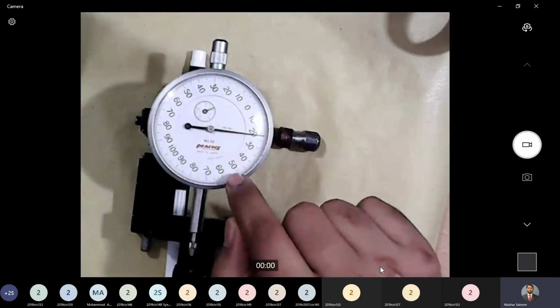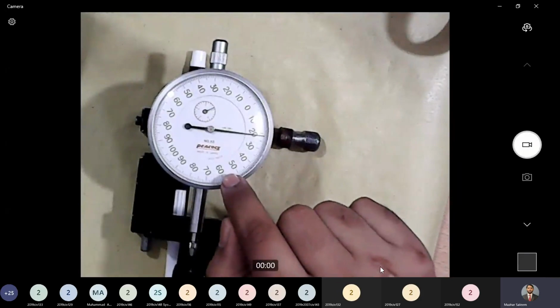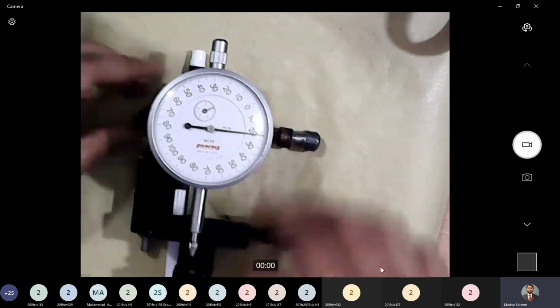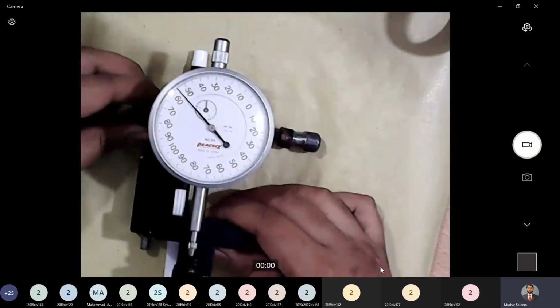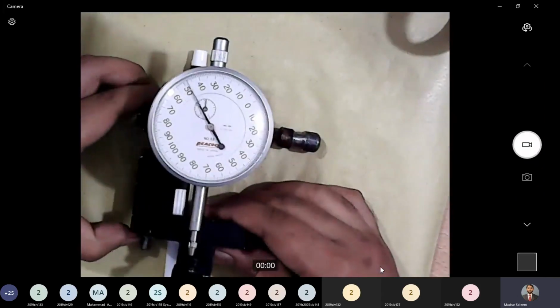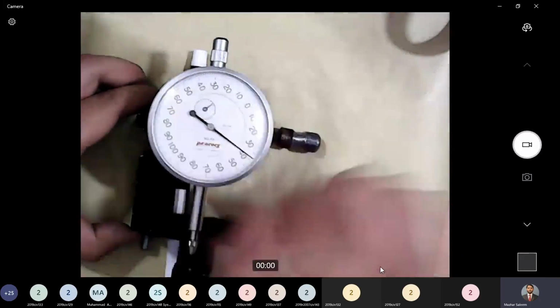And reading of this instrument is a bit tricky because as it can measure both the phenomena, elongation as well as shortening, when it elongates, the needle moves in counterclockwise direction, but when it shortens, the needle moves in clockwise direction.